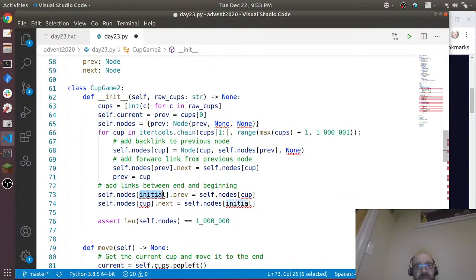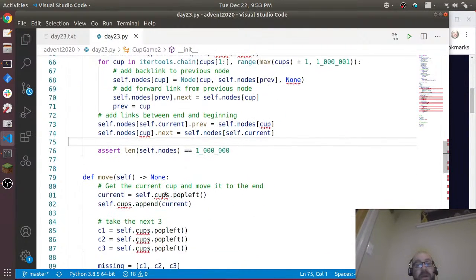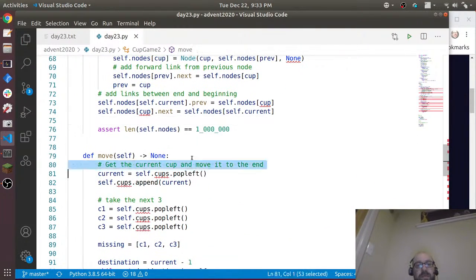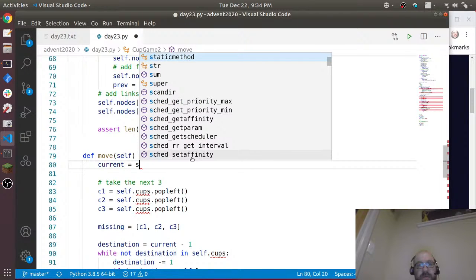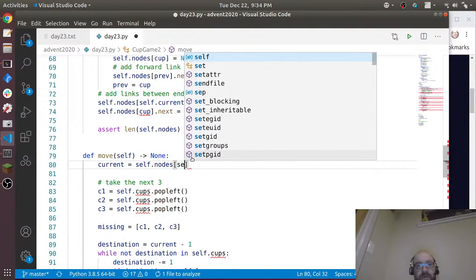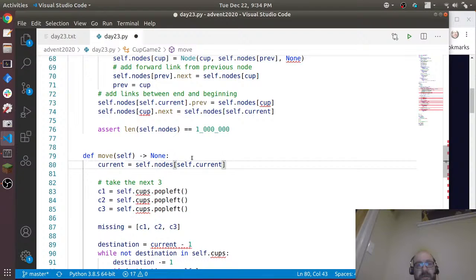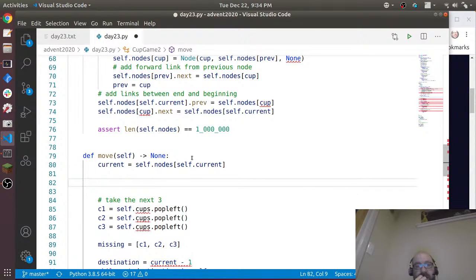And then instead of initial, I'll say self.current, and instead of initial, I'll say self.current. Okay, good. So let's say current equals self.nodes self.current.